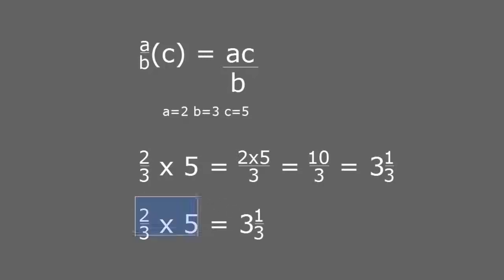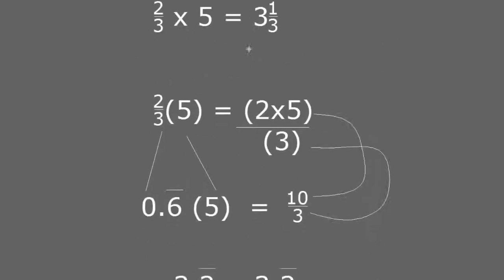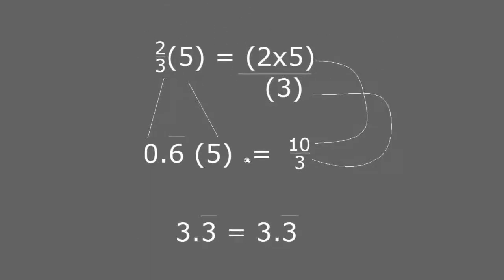This is the summary of what we did. 2/3 times 5 equals 3 and 1/3. Verifying that the same way we verified the previous exercise, we see that 2 over 3 is 0.6 recurring. When I multiply that times 5, I get 3.3, and the 3 is also recurring.